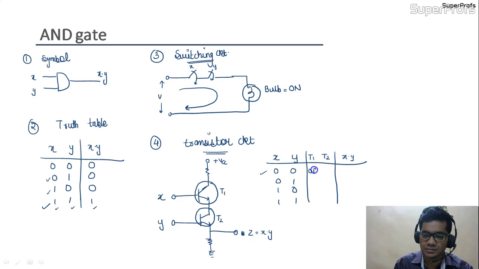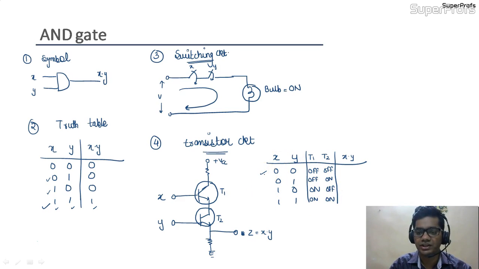So in the first case both the transistors are off. In this case T1 is off, T2 is on. In this case T1 is on but T2 is off, and in the last case both would be in on condition. So if any one of the transistors is in off condition, there would be no flow of current.